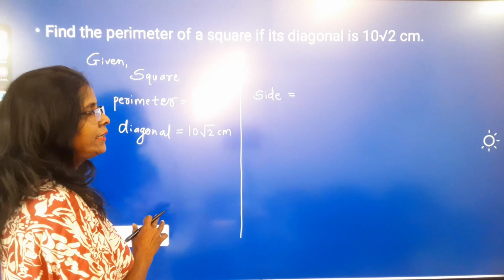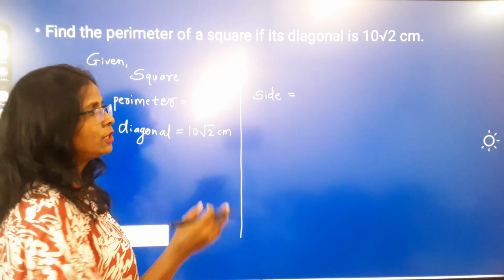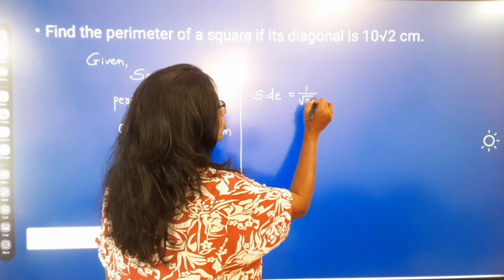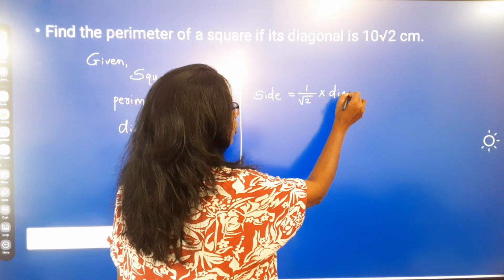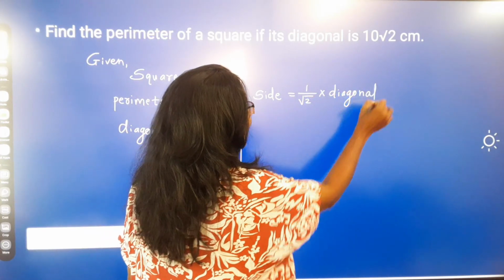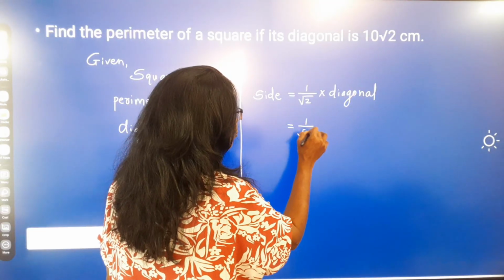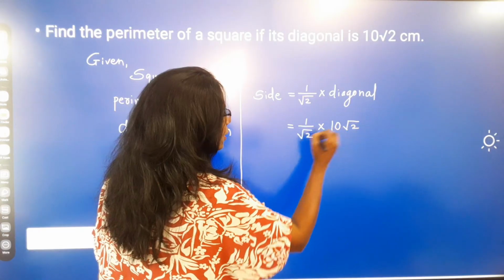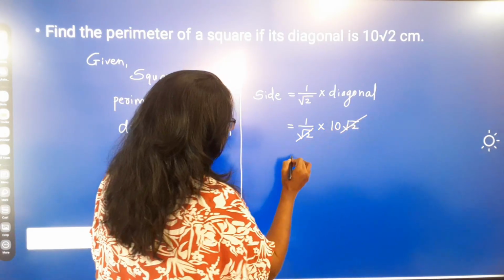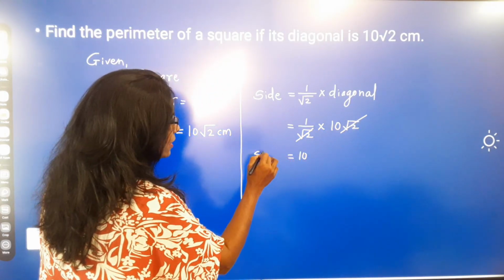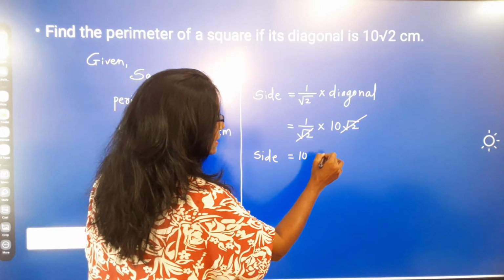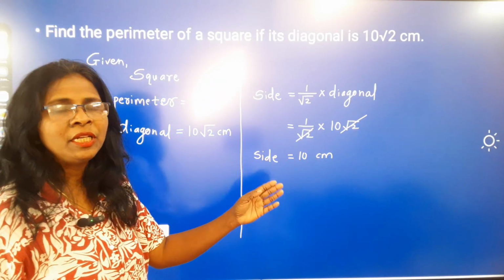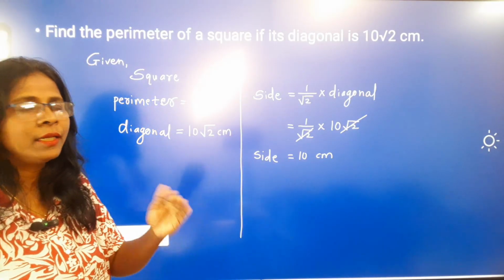First, if you find out the side, then you can easily calculate the perimeter of the square. So how can we find out the side? We can find the side by the formula: side is equal to 1/√2 multiplied by diagonal. So that means here 1/√2 multiplied by 10√2. Here √2 gets cancelled and that means the side is equal to 10 centimeter. As you get the side 10 centimeter, you can easily calculate the perimeter.